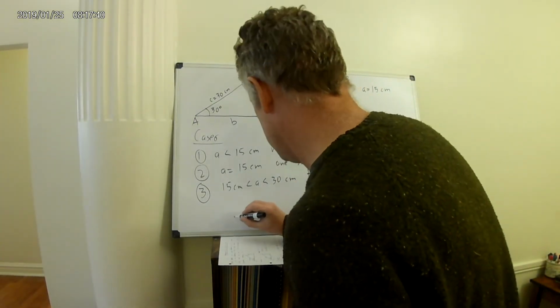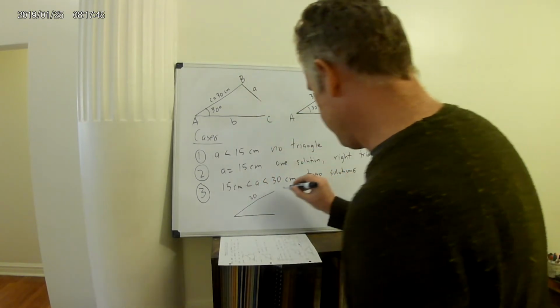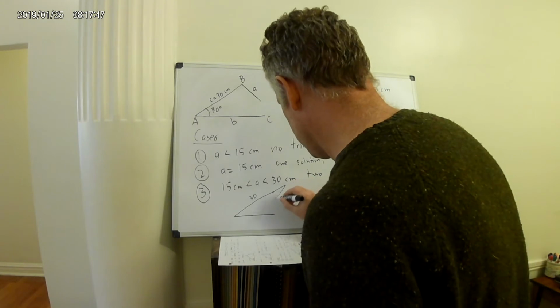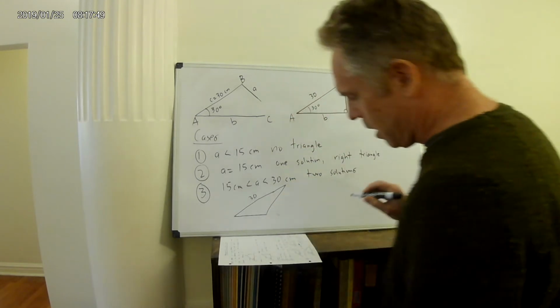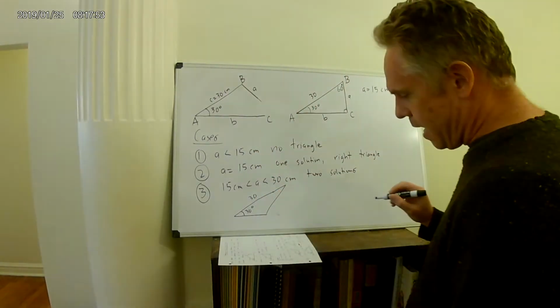So here's our side length 30. It goes up here, and then we come down like that. I apologize for this triangle, but I'm trying to draw it as best I can.